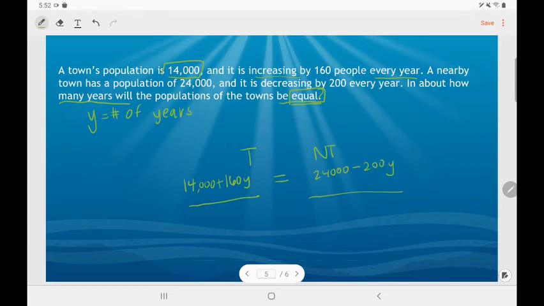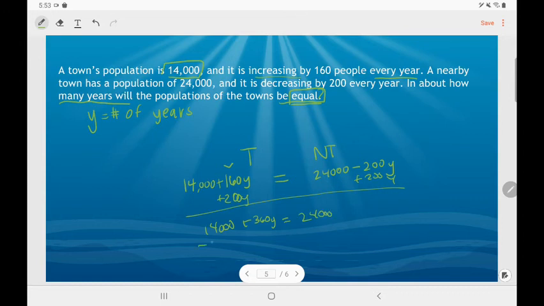And now let's go ahead and solve it. I've got an equation with variables on both sides. So I'm going to get my variables on the same side. I'm going to make this my variable side. So plus 200y. And that's going to give me 14,000 plus 360y is equal to 24,000.